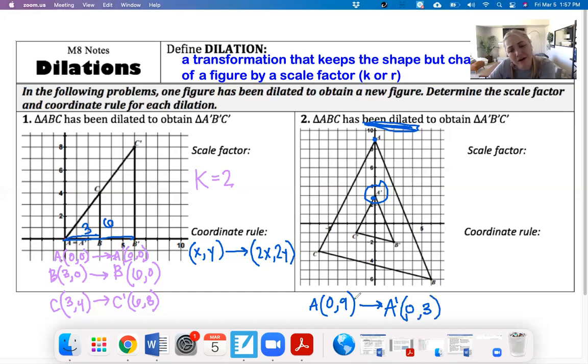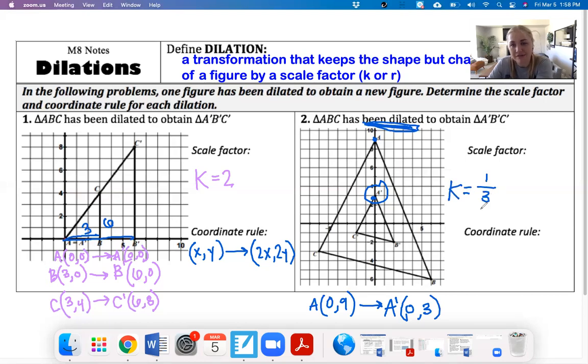Now, how do I go from 9 to 3? Well, it's dividing by 3. But mathematically, we can't say the scale factor is divide by 3. We have to say something that it multiplied by. When we're dividing, it's really multiplying by the reciprocal. So the thing we multiplied by here is actually 1/3.